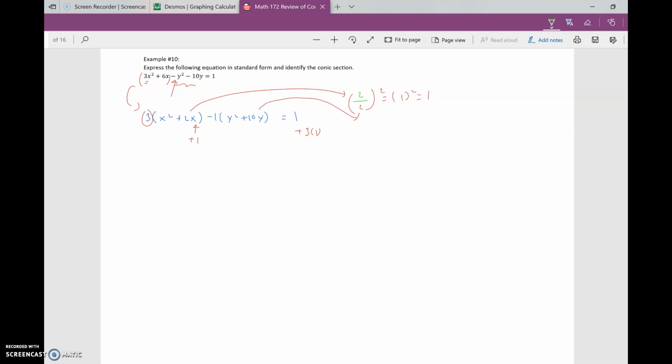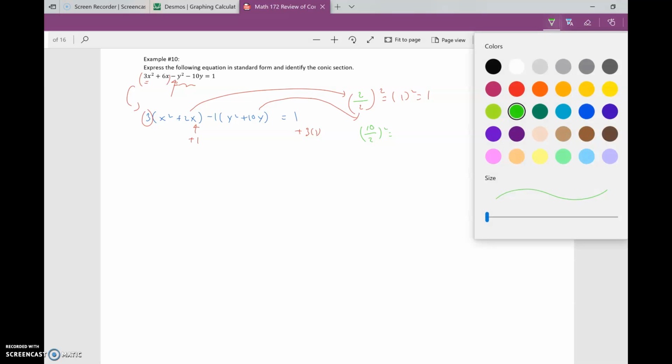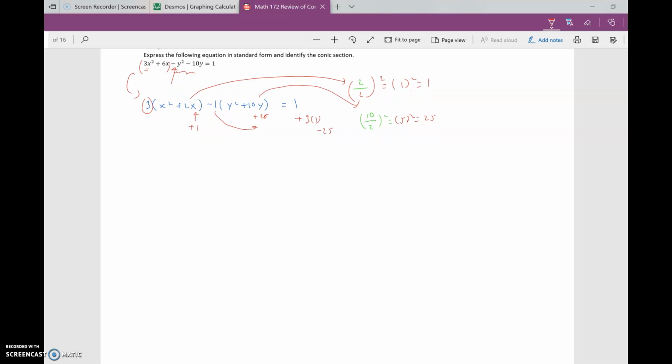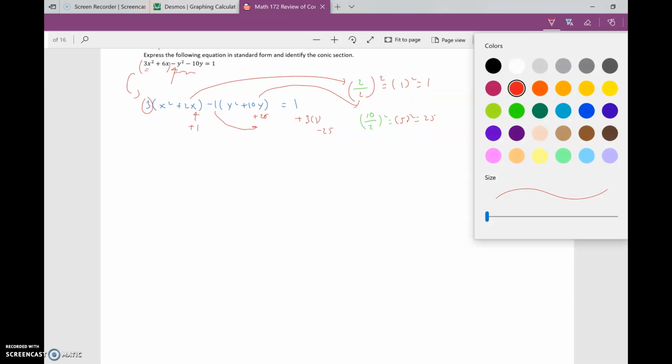And then on the y's, we're looking at the value of 10 divided by 2 squared. So this one's going to give us 5 squared, which is equal to 25. So technically plus 25, but because of the negative, we're going to end up subtracting 25 from the right hand side.